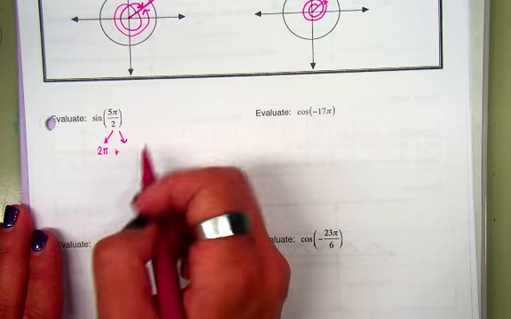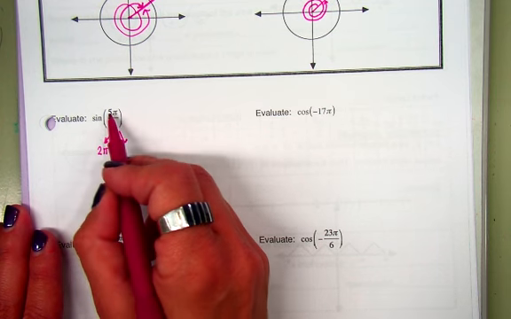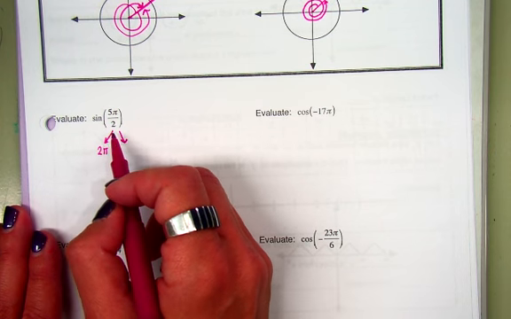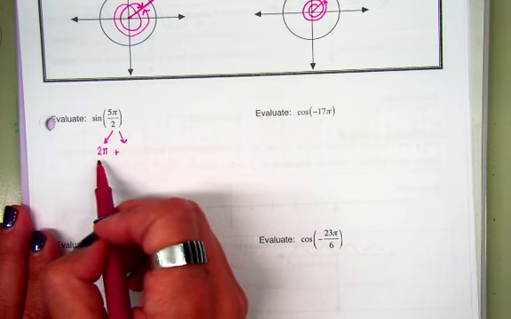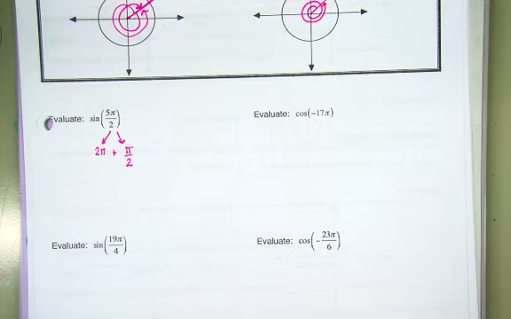I'd have to add not 3 halves. I've already got this. What's the decimal here for 5 pi over 2? 2.5. I've already got 2, so I just need 1/2 more. You guys agree? Yeah. So 2 pi plus pi over 2 would equal 5 pi over 2.